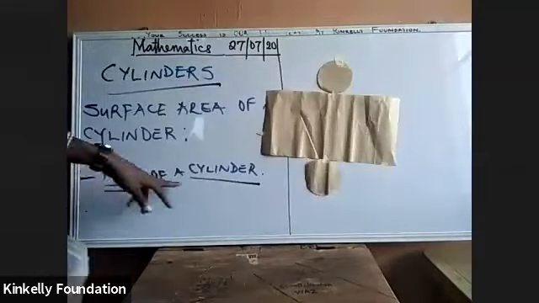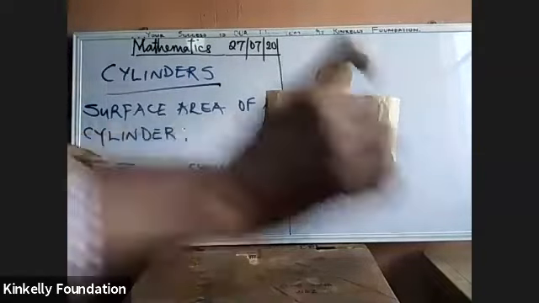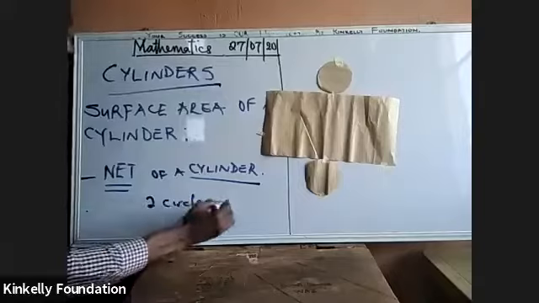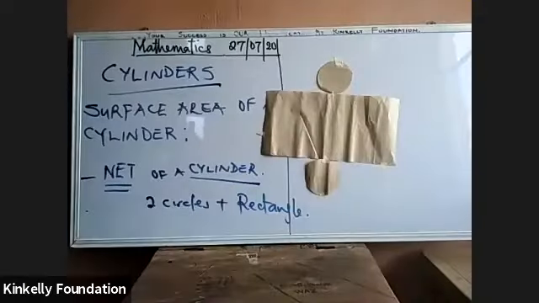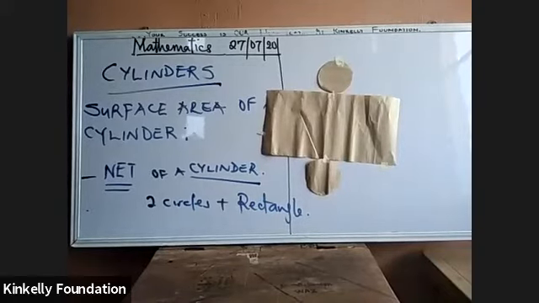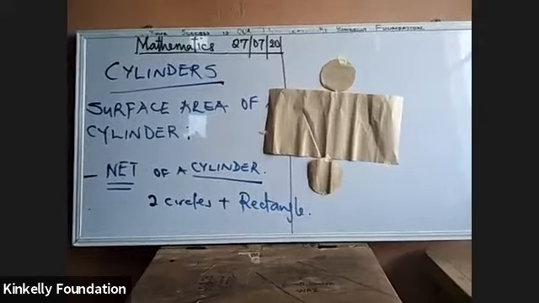The net of a cylinder is made up of two circles and a rectangle, as you are seeing it on the board there.